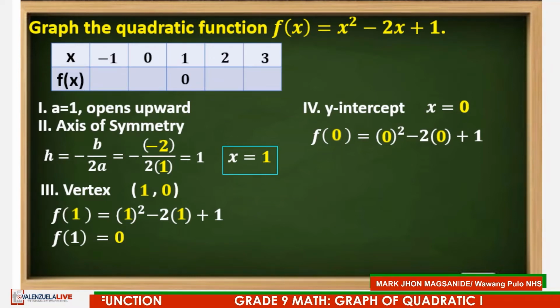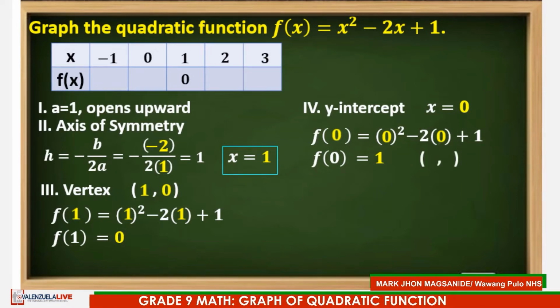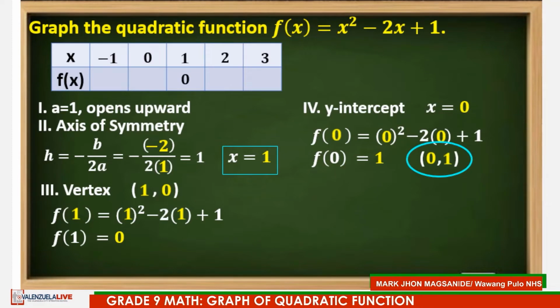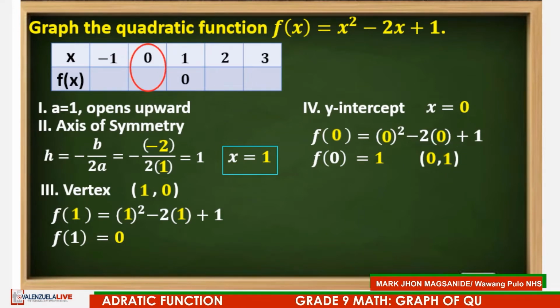Simplifying this, f of 0 is equal to 1. Therefore, y-intercept is (0, 1). (0, 1) is also a point that lies on the parabola. From the table, find the column where x is 0 and put 1 as the value of f of x.